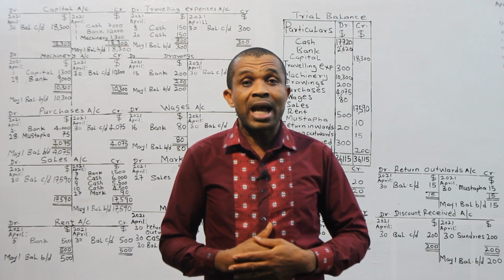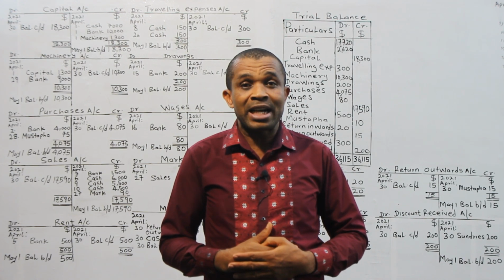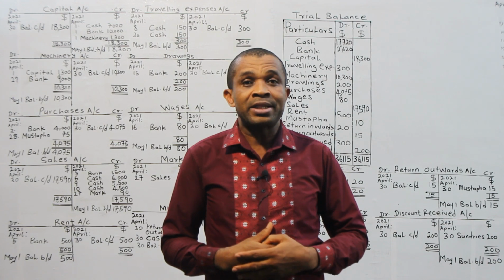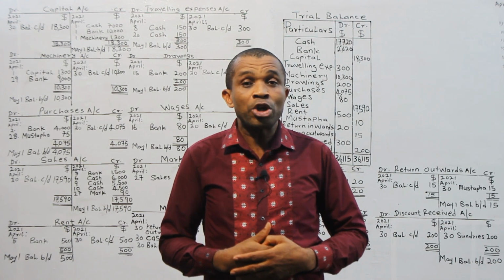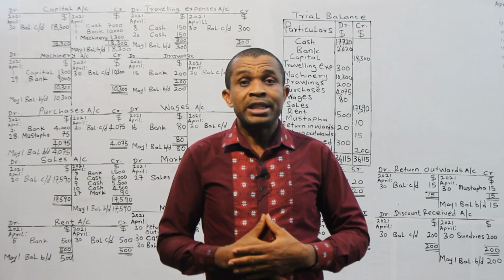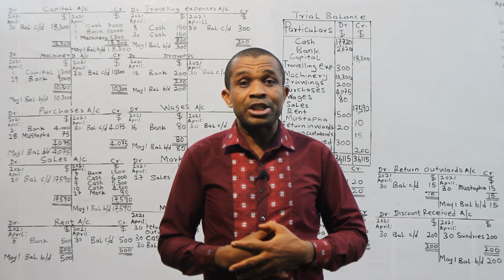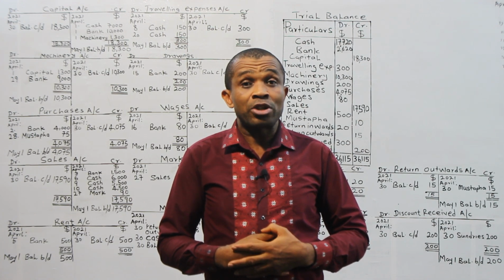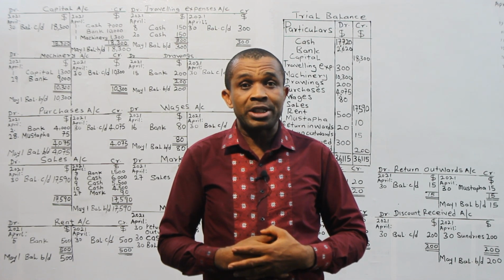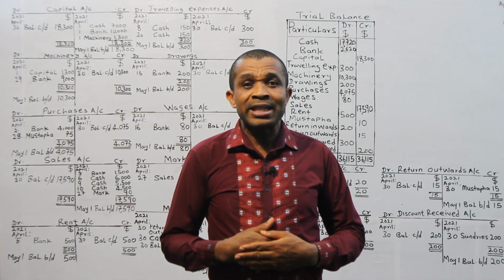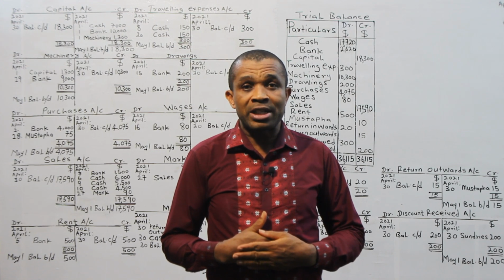These transactions are called credit transactions because no cash was used and no check was used in these transactions. There was also return inwards and return outwards. We have dealt with this transaction because we are at our foundation stage. When we go into the treatment of journals, you will understand more about credit transactions.